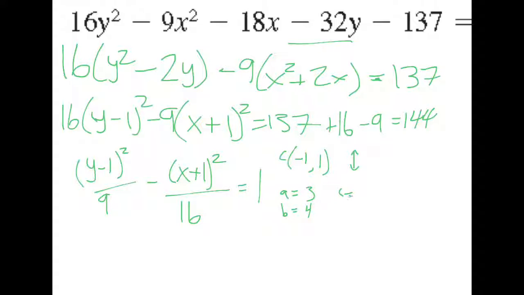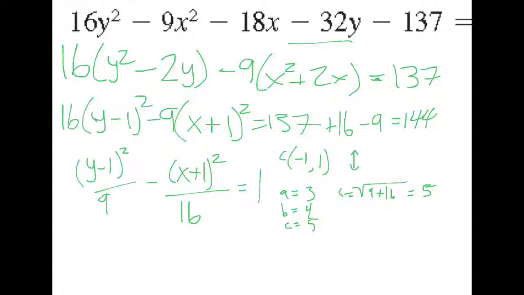So C is going to equal the square root of 9 plus 16, which, hey, look, what do you know? It's a Pythag triple, 3, 4, 5. So C is 5, which is pretty cute.